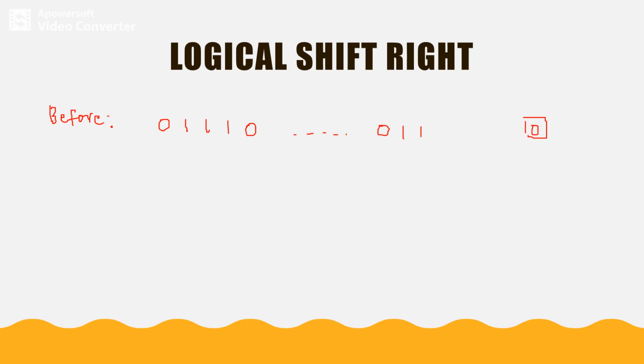So that is LSR, logical shift right, constant 2 twice, comma, content of R0. The content of R0 is given, that is 0, 1, 1, 1, 0 followed by 0, 1, 1.